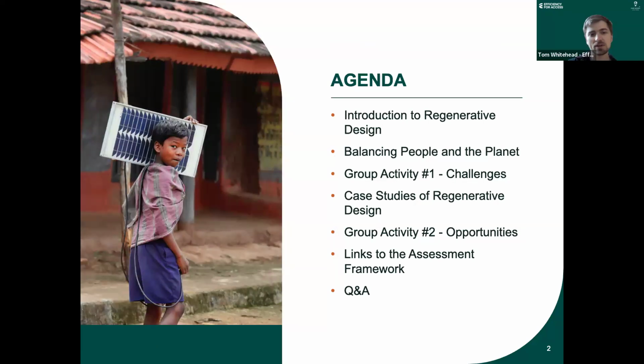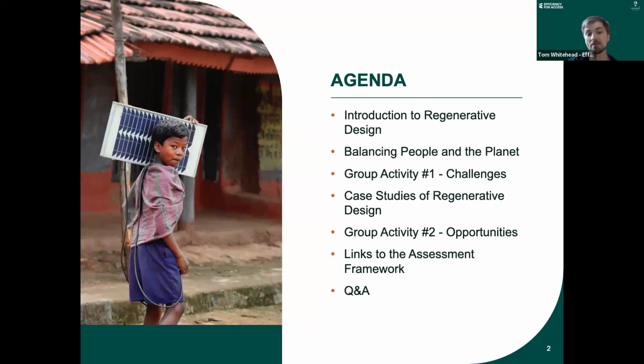We'll look at in reality what it looks like to design with a regenerative mindset, balancing the needs of people and the planet, and actually going a step further and allowing both to thrive.